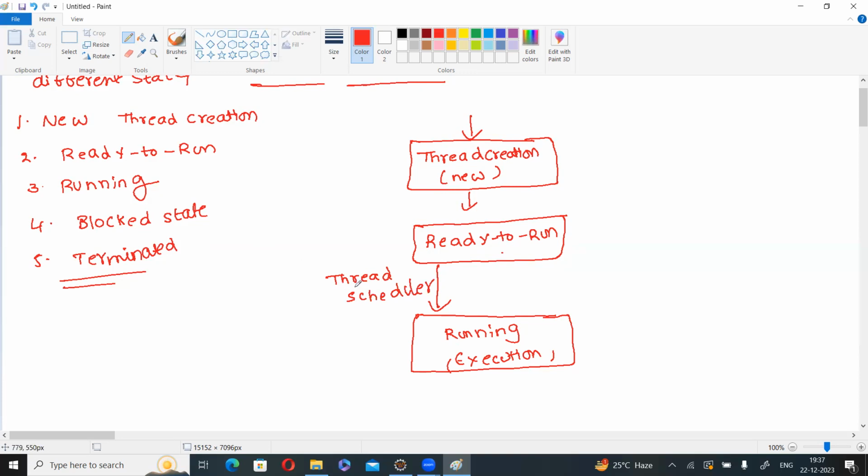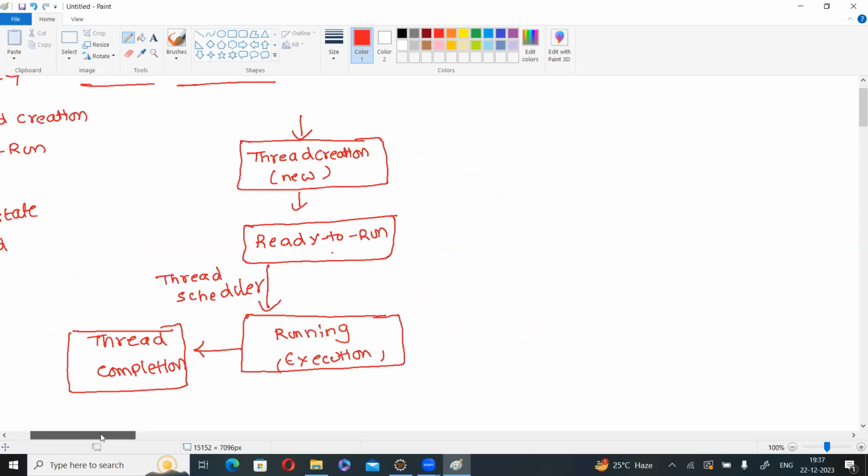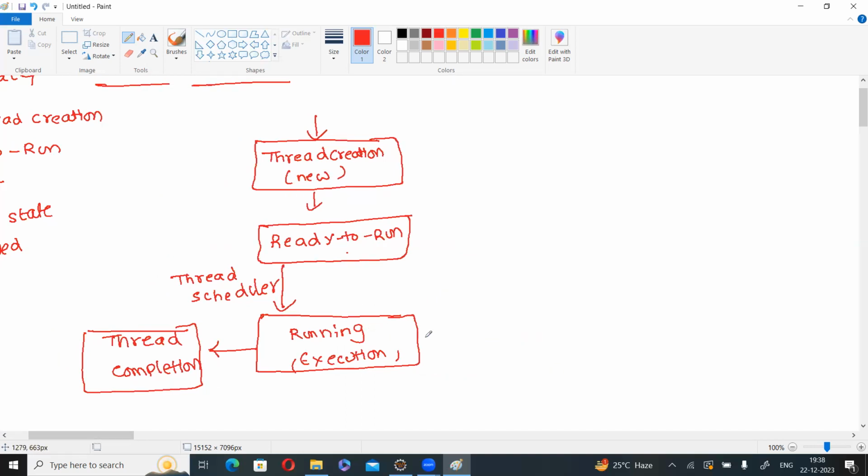Scheduler means it schedules in which order the threads are to be executed. So the thread scheduler selects the thread and then moves it into running state. During the running state, if my operation is completed successfully, that is called thread completion state.